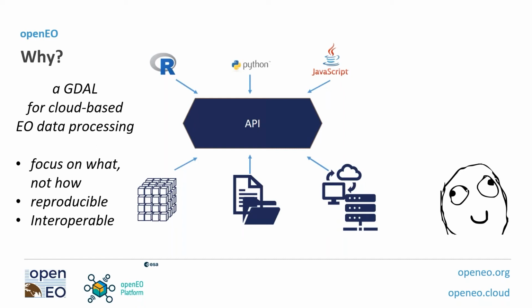And of course, I'm working for a university, so it's always good to have reproducible results so that you can check whether what you get out from your cloud environment is actually the right result, and it should also be interoperable, of course.